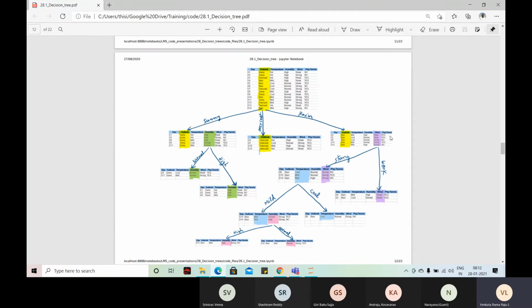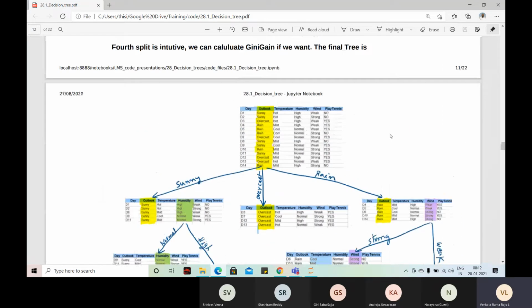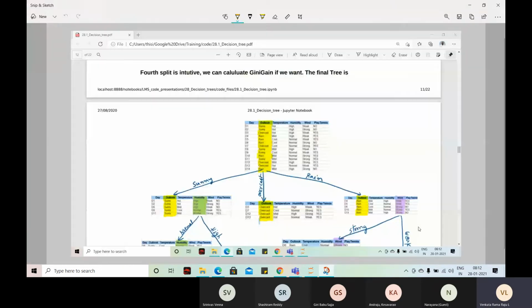Okay, let me try to take a screenshot of this and explain something more. So here, if you look at this column, there are sunny, overcast, and rainy. Outlook has got 3 distinct values. The temperature, hot, mild, and cold, 3 distinct values.